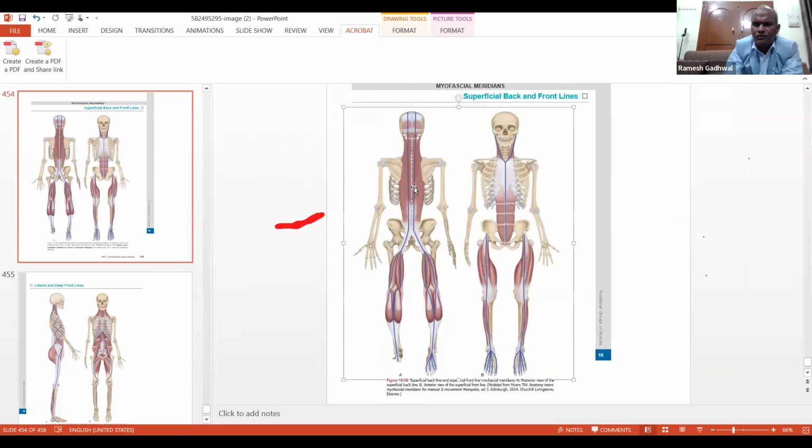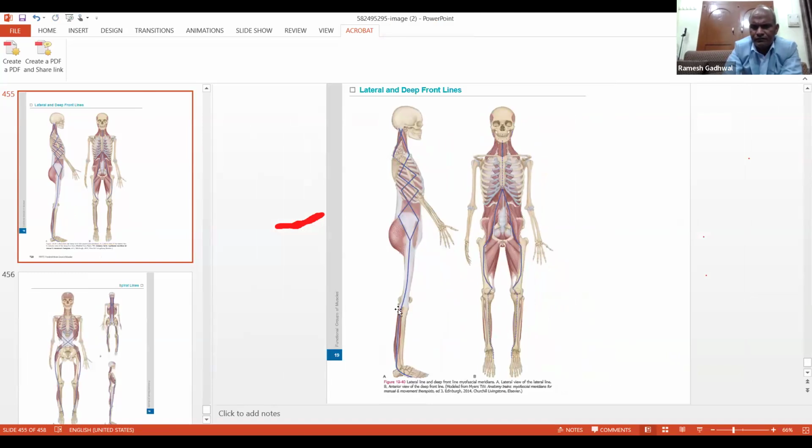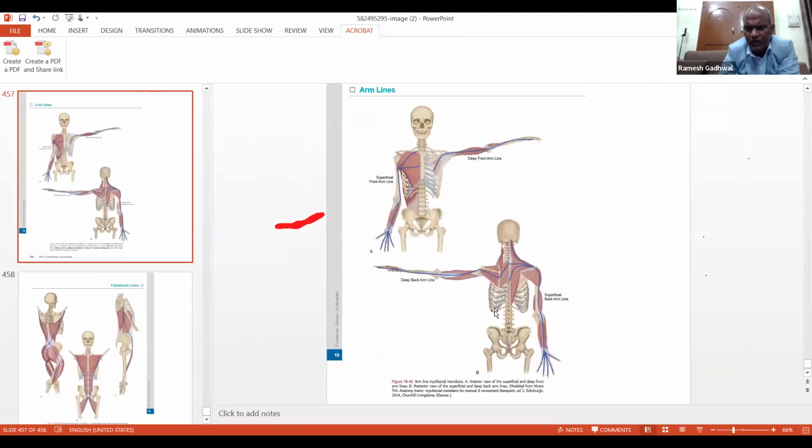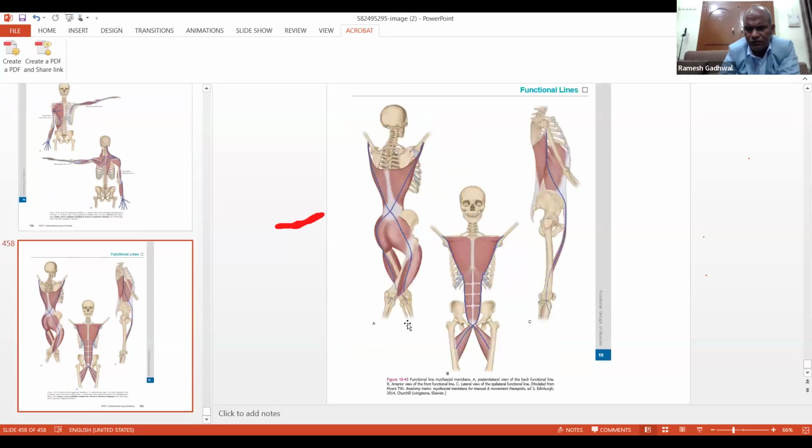Two pictures, front line, back line, then lateral line, then deep front line, then spiral lines, then arm front and back lines, then functional lines, that is functioning.